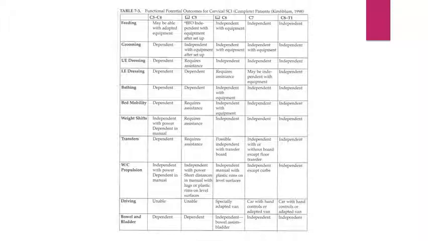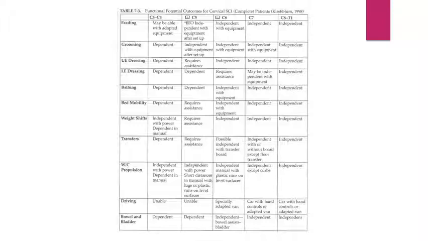A lot of times this means that they may have to have a suprapubic catheter, where they've had surgery to be able to catheterize their bladder through the belly, or they have different things to help them with their bowel program, which usually means timed with suppositories, but they can do it. So C6 can be pretty independent.